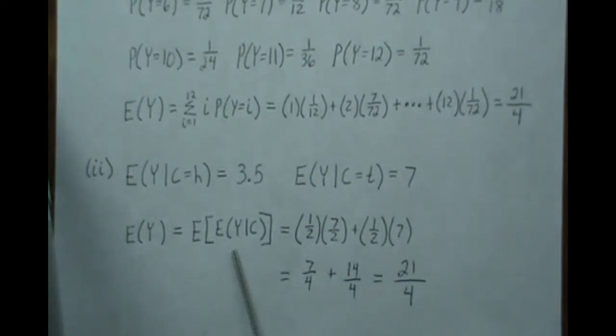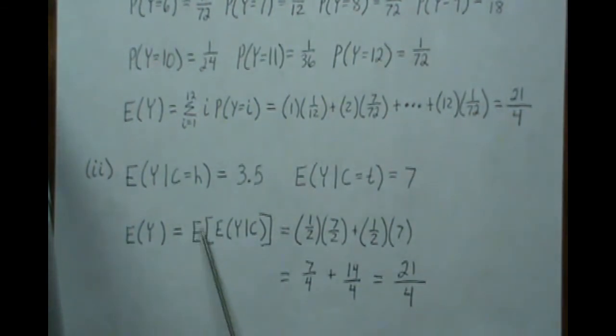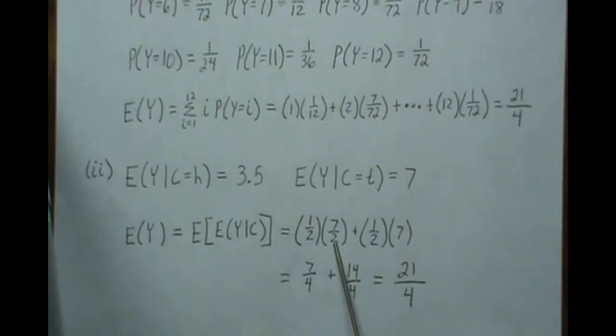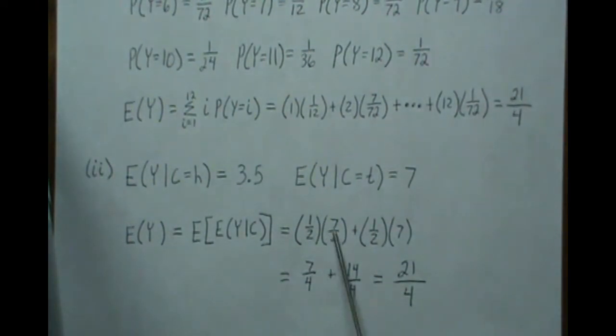So now the possible values, and this is over what coin we flipped, so over C in this case, are 3.5 and 7. But what's the probability that we observe this? That's the probability that we flip a head, which is 1/2.